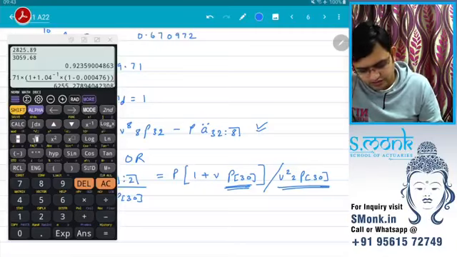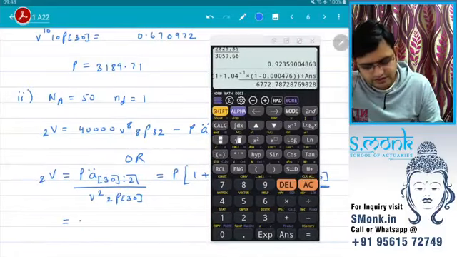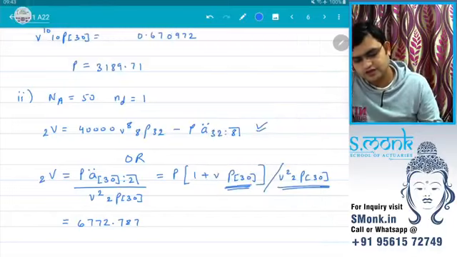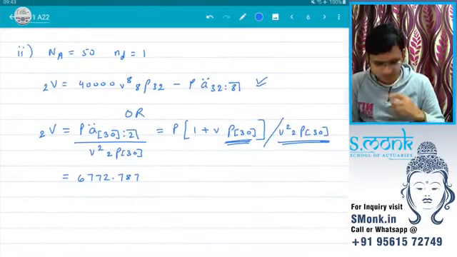So divide by answer. So we'll get reserves as 6772.787. This is the reserves that we will be keeping at time 2.